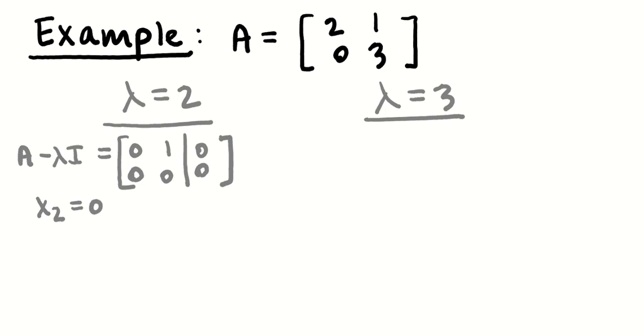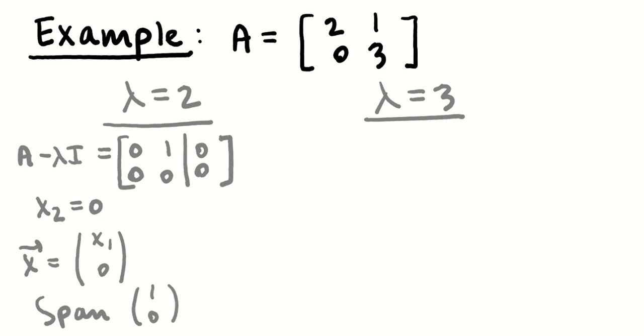So that's telling me that x1 can be whatever it wants, and x2 has to equal 0. So my eigenvectors are x equals x1 and 0. I could say that my eigenspace is the span of the vector 1, 0. Okay? It's the whole x-axis.